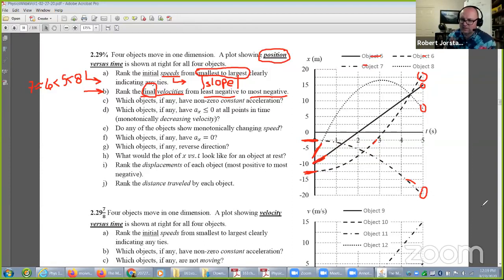So you would look at those and say, well, this one has a large negative slope, so that's probably the last one. Small negative slope, small positive slope, large positive slope. So I would say 6, and then 5, and then 7, and then 8 for that next question, something like that.